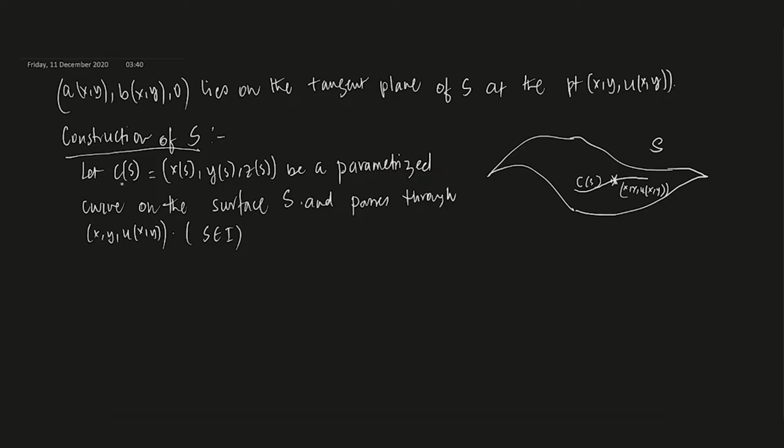So for C(s), I can talk about the tangent vector, tangent to this curve. So the tangent to C(s) is given by C'(s) = (x'(s), y'(s), z'(s)).